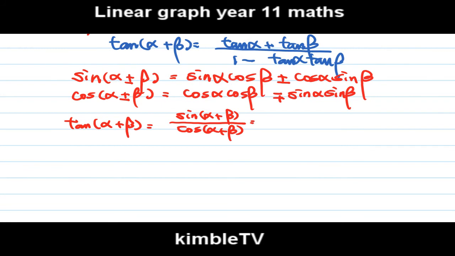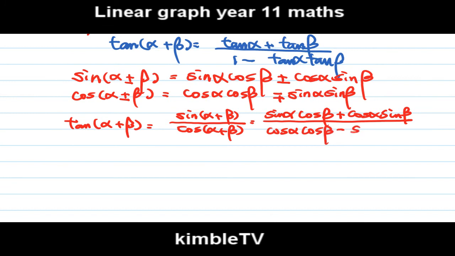Therefore, sine alpha cos beta plus cos alpha sine beta over cos alpha cos beta minus sine alpha sine beta. Numerator and denominator both must be divided by cos alpha cos beta.